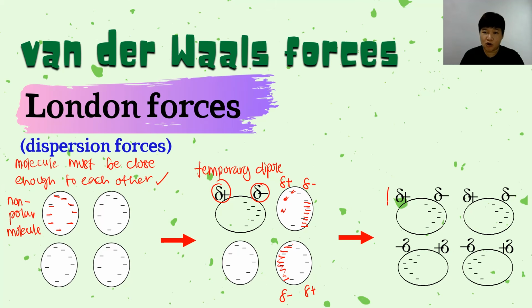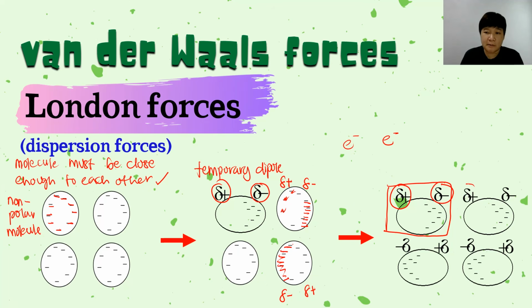So what happened is it started from one molecule forming a temporary dipole of partially positive and negative. Then, if the molecules are close enough to each other, it will affect the neighboring molecule. The electrons in the neighboring molecule will be repelled from the partially negative end. Bear in mind, all the electrons hold negative charge, so they will repel each other.